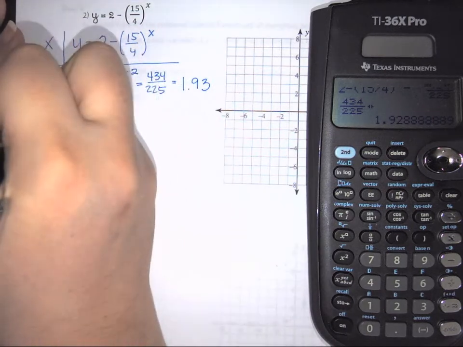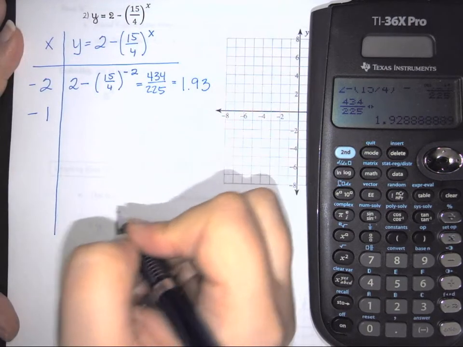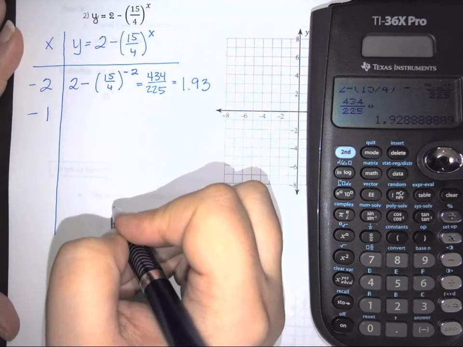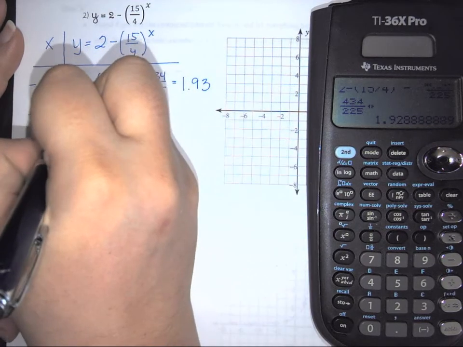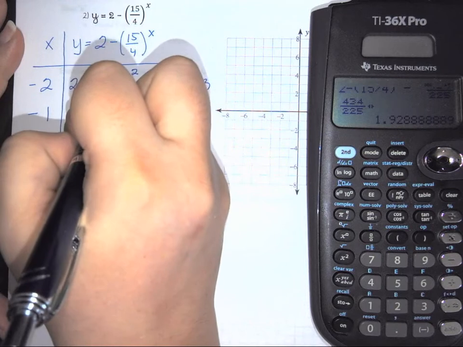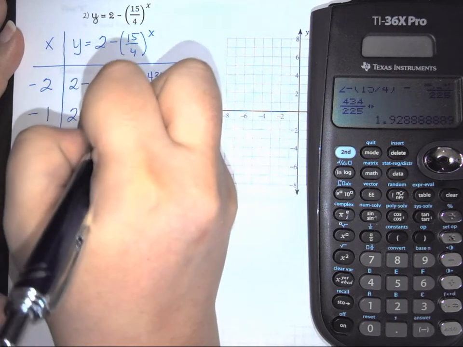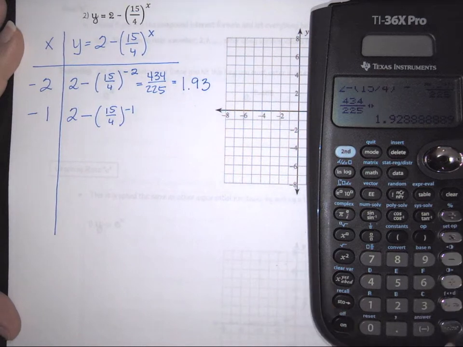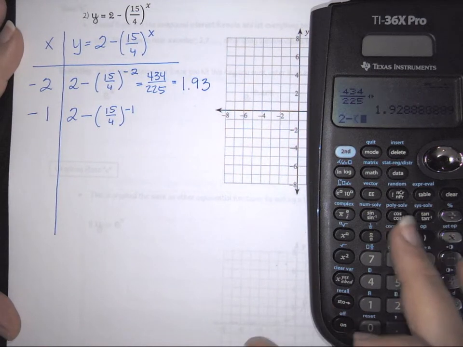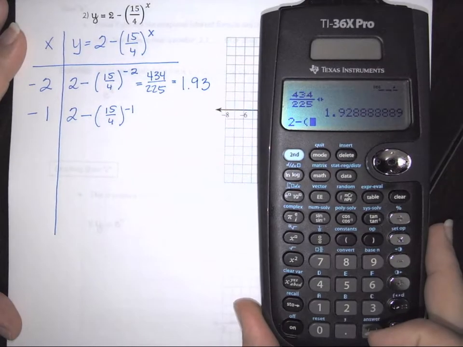So we're going to keep going to look at what the rest of the graph looks like. And so here, 2 minus, and then I've got 15 over 4 raised to the negative first. So again, I would do the same thing. 2 minus, open that parenthesis.